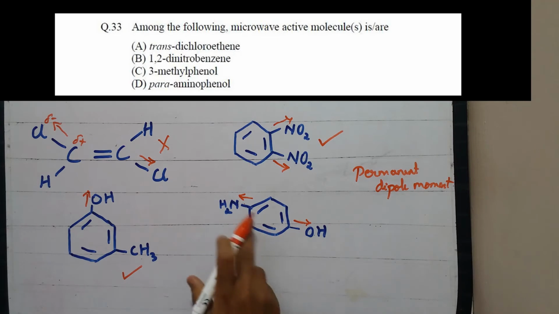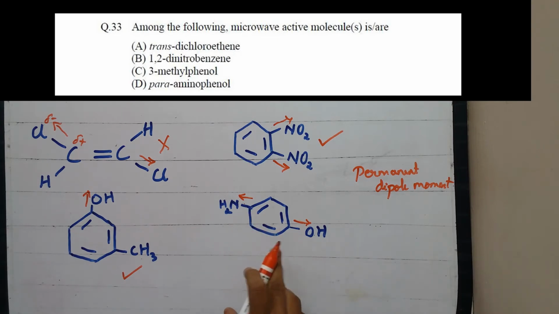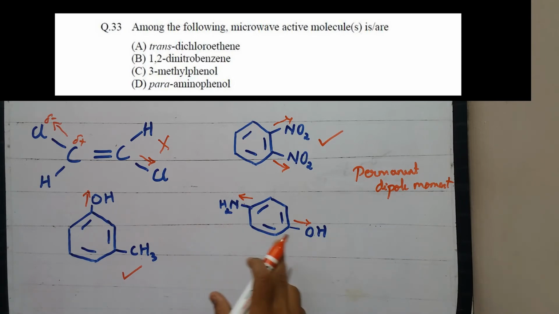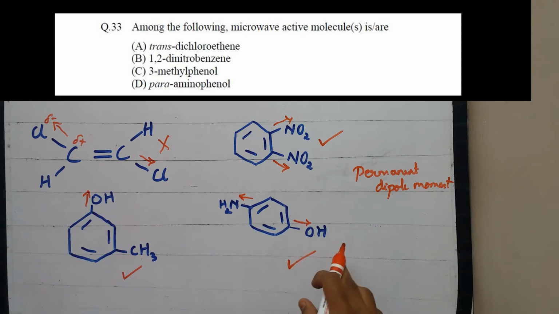The dipole moments of these two partly cancel, but still the net dipole moment exists because the dipole moments of C-O and C-N differ. As these two groups are different, the net dipole moment still exists. Hence this molecule will also be microwave active.